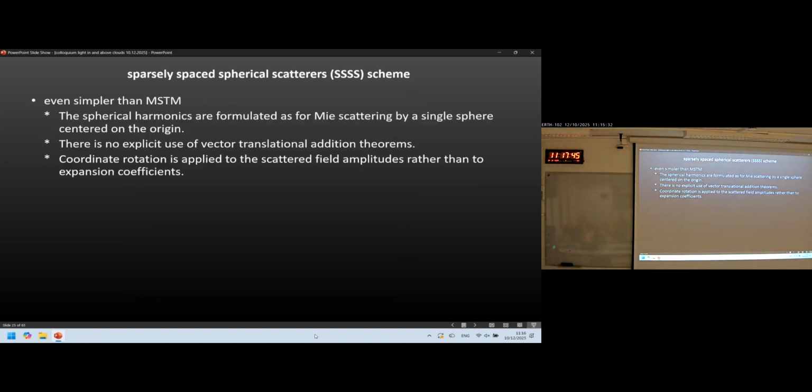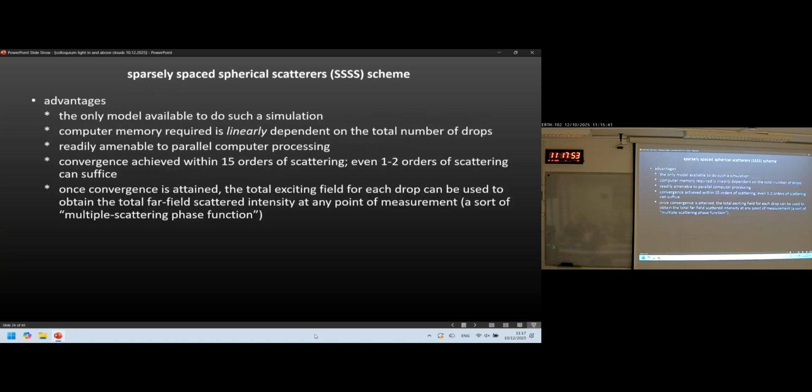In fact, it's even simpler than MSTM. I won't go into the details, but conceptually it works in a simpler way than MSTM. The advantages are, well, first of all, it's the only model that can do this. There is no other model that can describe radiative transfer in a cloud solving Maxwell's equations. The computer memory is literally dependent on the total number of drops.